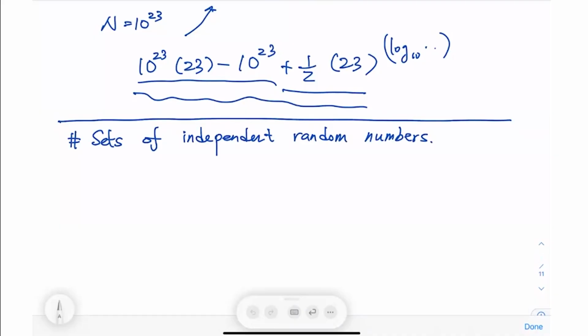Okay, so what do I mean by that? It just means that we have random numbers f1, f2, to fn. That's a set of random numbers.